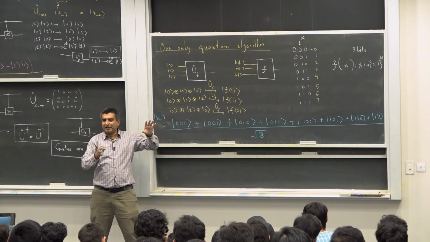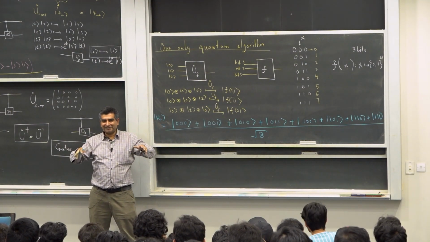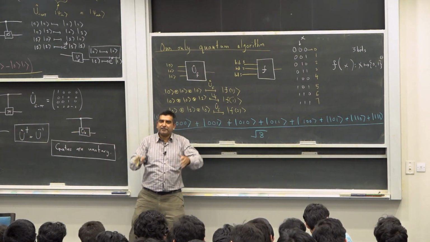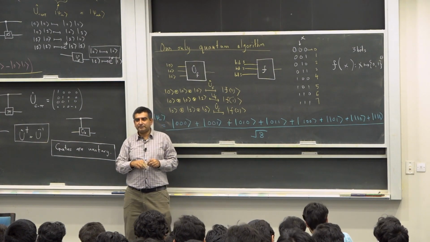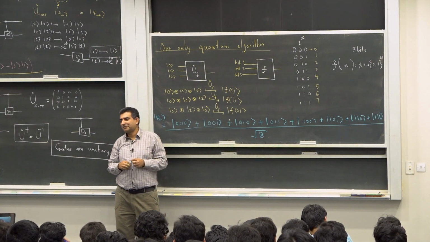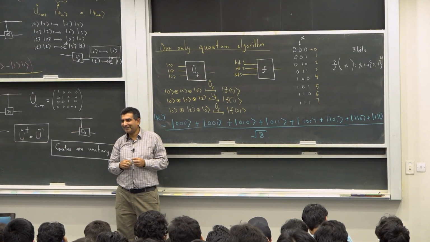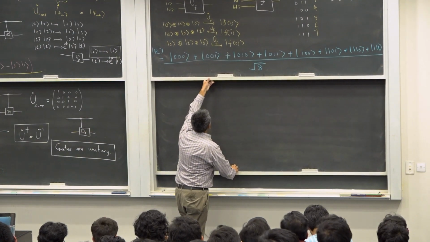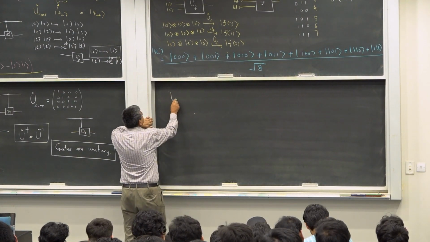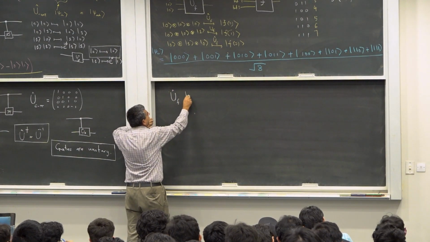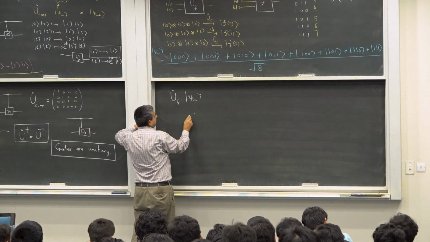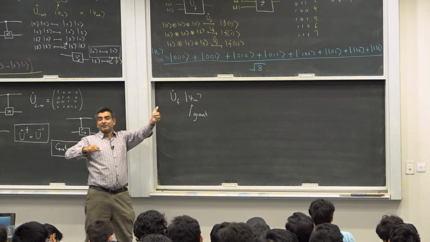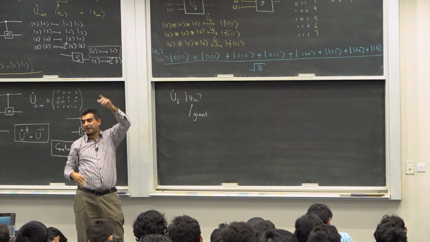In one go. And since quantum physics is linear, the function is going to act on each of these 8 basis states at the same time. All right. Now this is the key moment of truth. So in one go, if this operator acts on this giant input state, a giant superposition state, in one run, instead of 8 runs of the experiment, you just have 1 run.